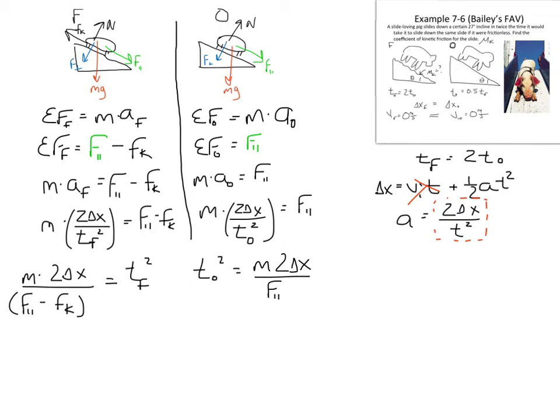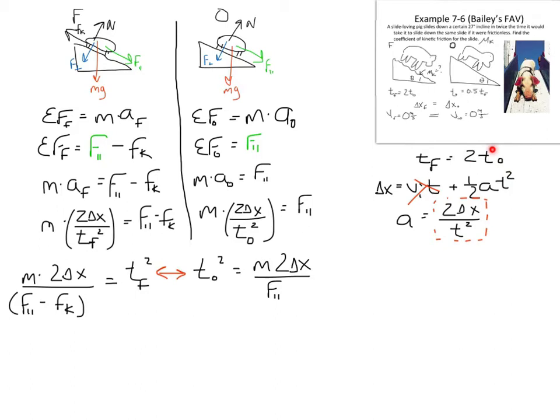Why is this meaningful? Because the times are not equal, but we can now substitute one time for another, because isn't it true that time with friction equals 2 times the time without friction?